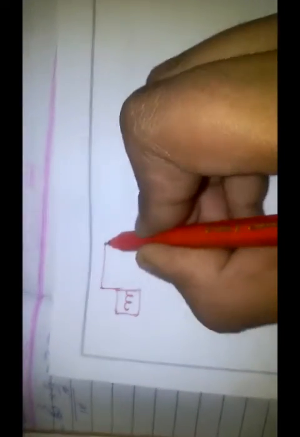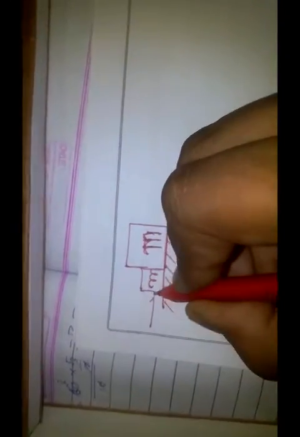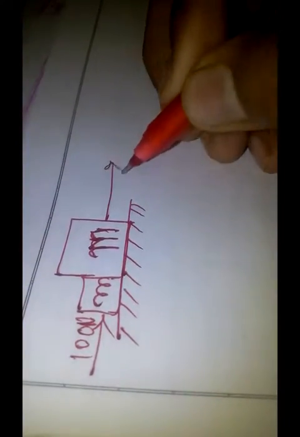This is small mass m, this is capital mass M, this is the ground, and a force of, suppose, 100 Newton is acting here. The acceleration is in this direction.